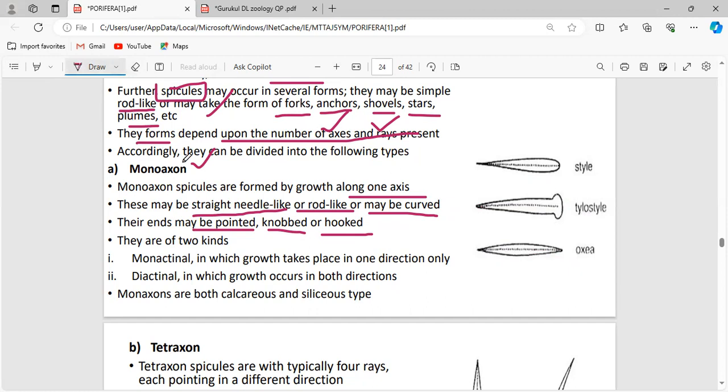In monaxon, there are two different types: monactinal and diactinal.